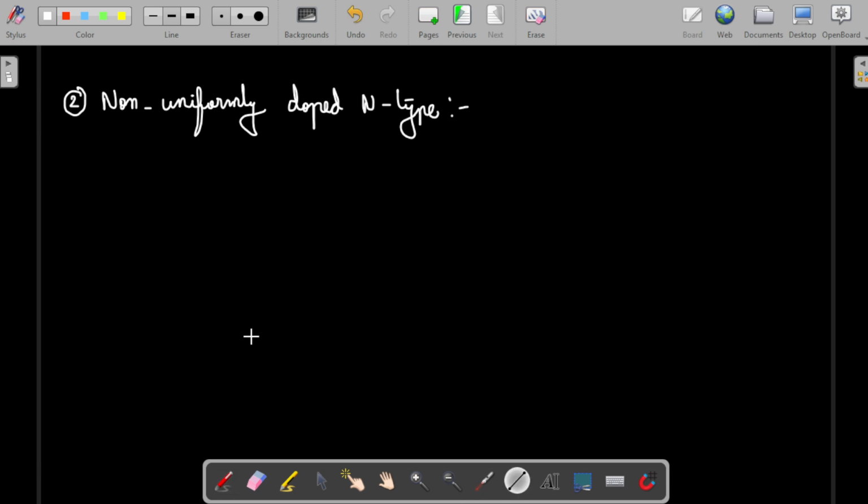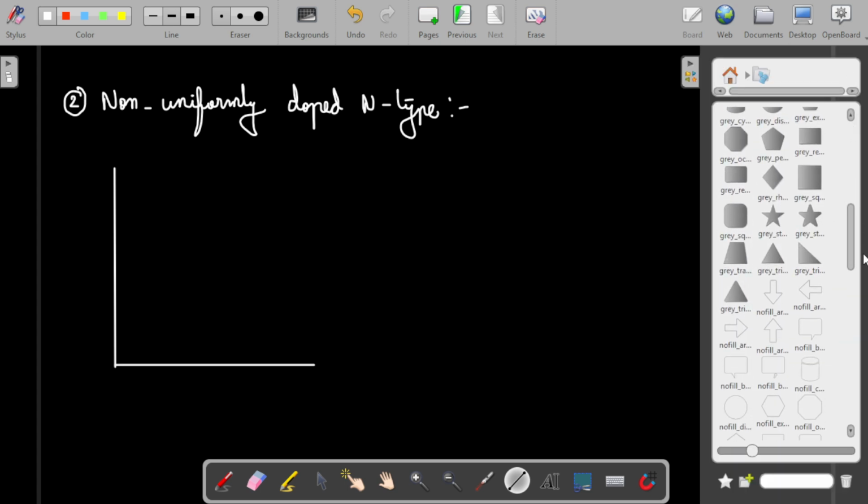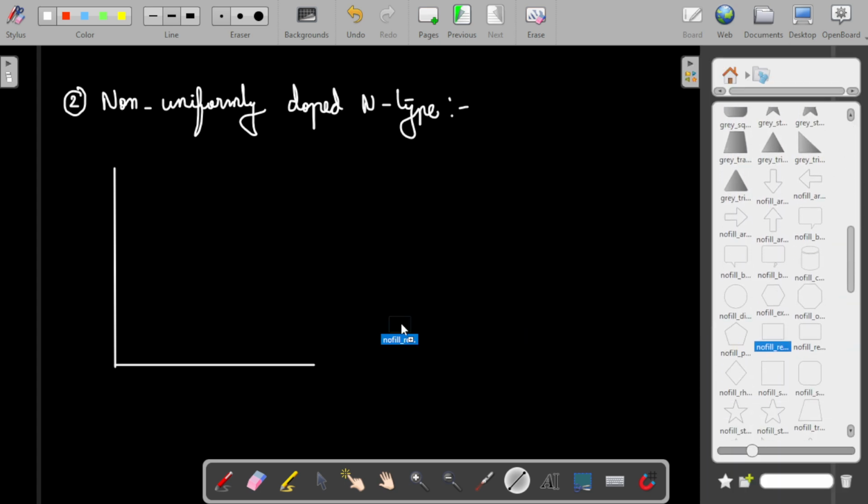Here take an example. Again we are considering a semiconductor device across the charge potential. This is the distance and this is the concentration axis, so this is x and this is n of x.